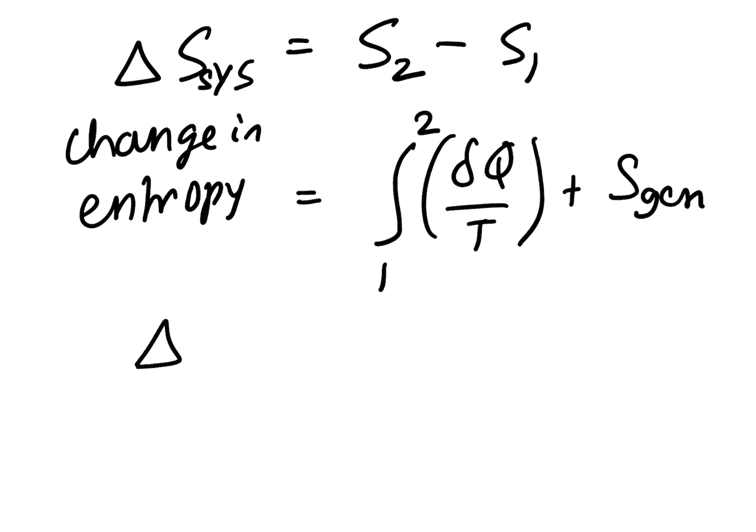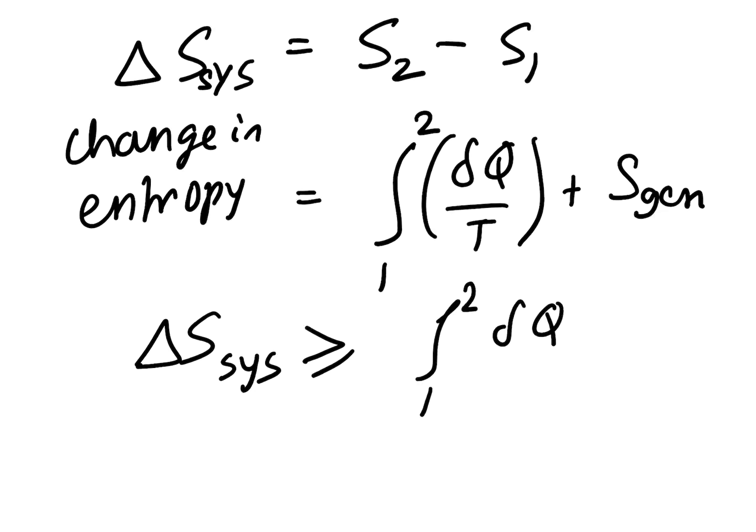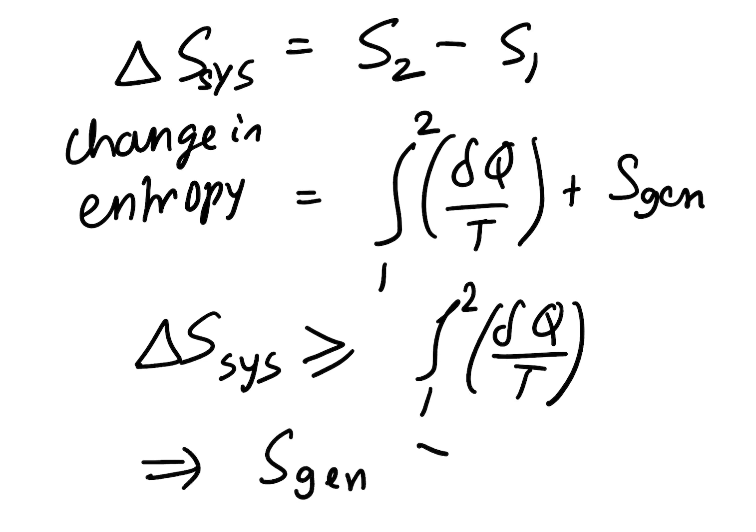And since this delta S system is always greater than or equal to 1 to 2 delta Q over T, this implies the entropy generation in any process is at least 0 or more than 0.